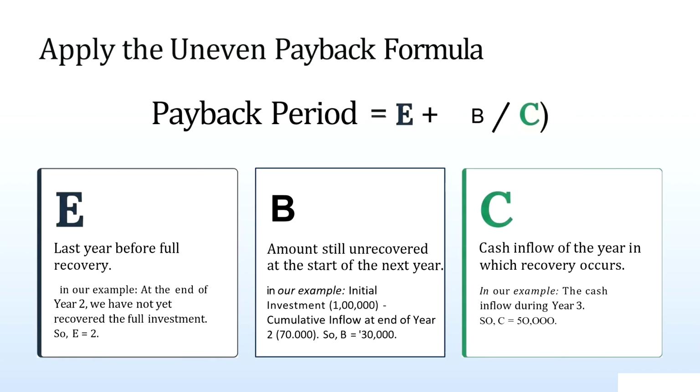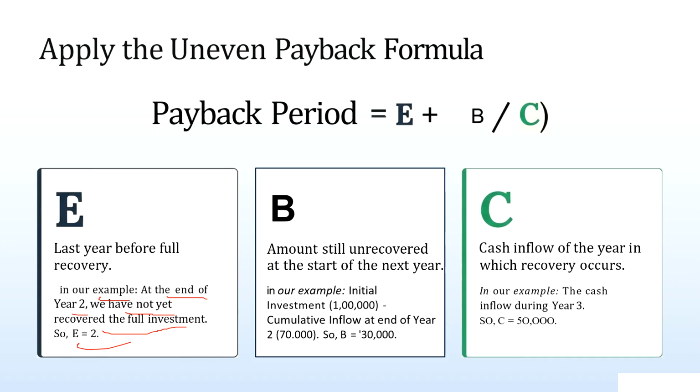In the above slide we see the formula. Now apply the formula to our example. At the end of year 2 we have not yet recovered the full investment, so the E equals 2.